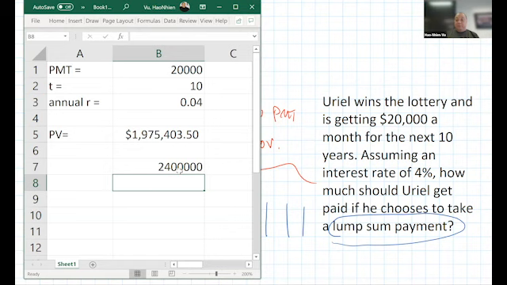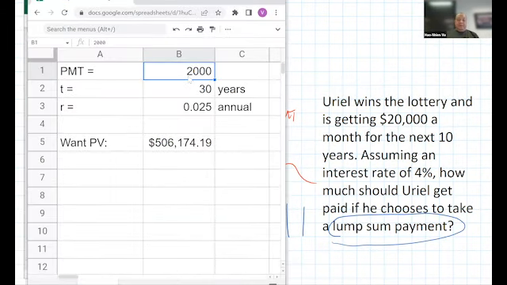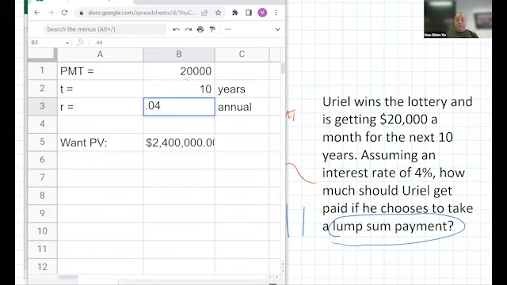Yeah, more than this number. We get the same answer in Google Docs. There's a $20,000 payment over 10 years with an annual interest of 0.04. If there were no interest, it's 2.4 million. But now that there's interest, it's 1.975.